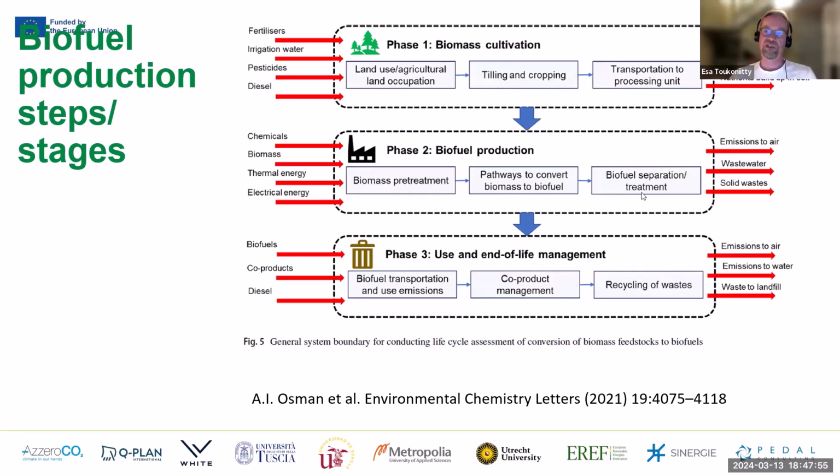That's also something that you probably want to remove. Maybe you want to recycle it back and react it again and so on. Then same as in the cultivation stage, you end up producing perhaps emissions to air, wastewater, or perhaps some other waste materials.